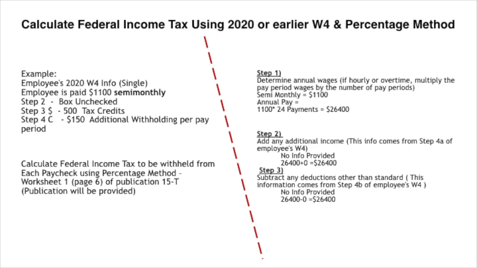In step 2, we will add the additional income and also subtract the additional deductions, and that information comes from step 4A and 4B of the employee's W-4. We are not given any additional income or deduction, so we will not add or subtract anything in steps 2 and 3.